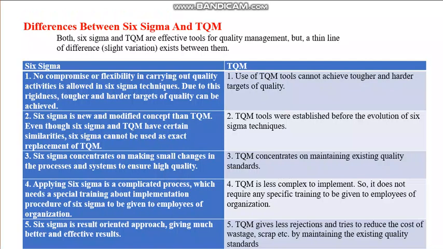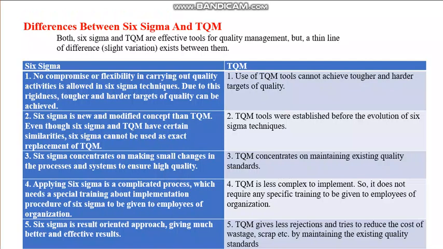Both these techniques, Six Sigma and TQM, are effective tools in the hands of the management for maintaining the quality, but a thin line of difference exists. The difference is not much, it's only a thin line. Unless you come very closely and see, you won't find the difference.